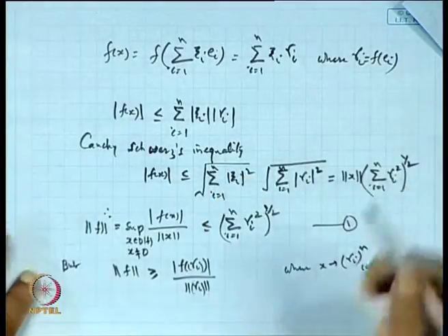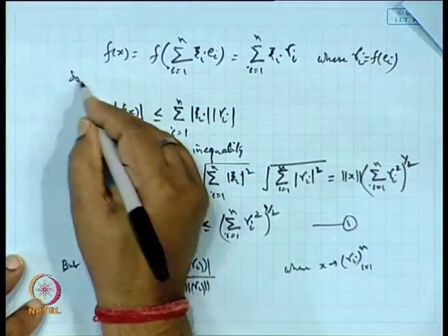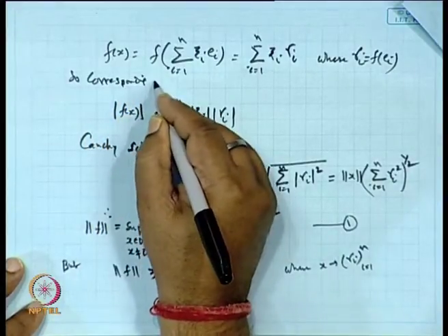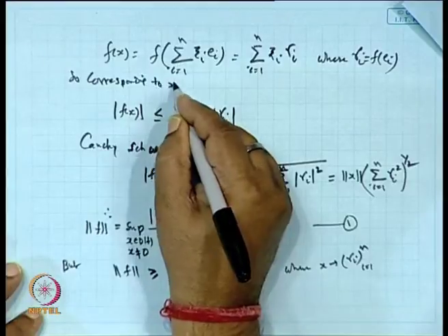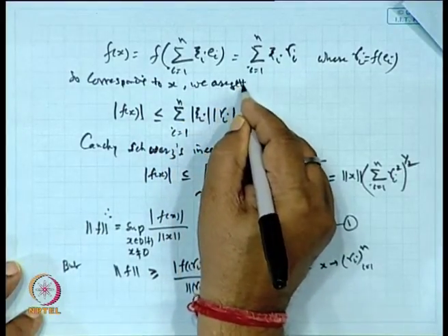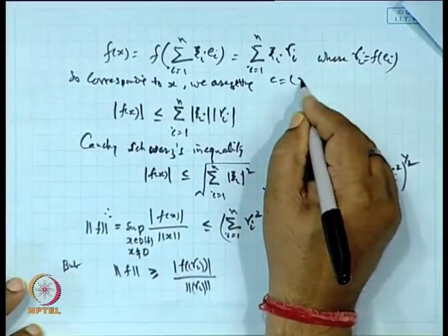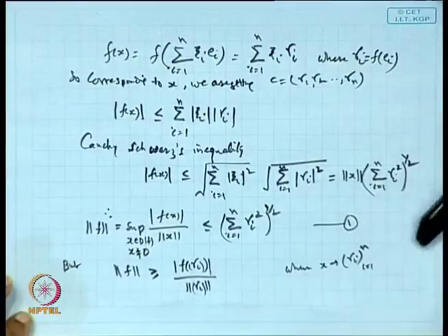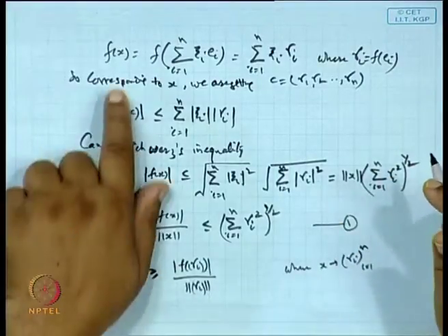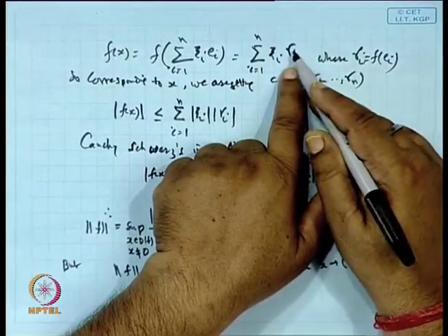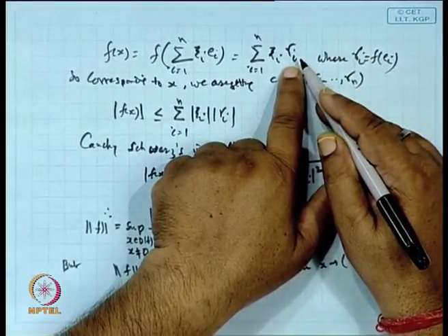So corresponding to x, we are getting a C which is gamma 1, gamma 2, gamma n. If x is given, then will you not get gamma 1, gamma 2, gamma n as a point f of e?